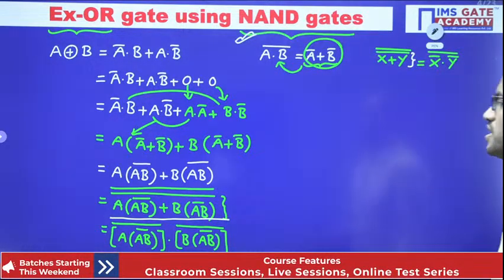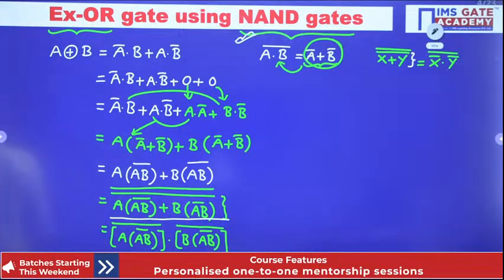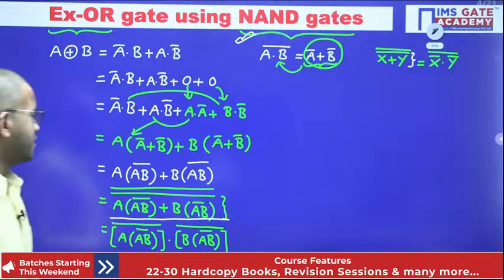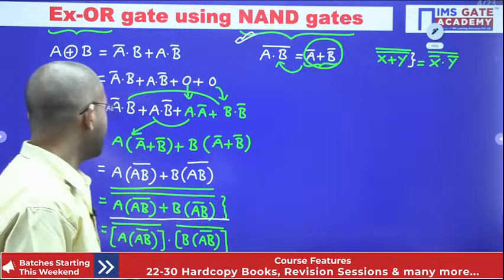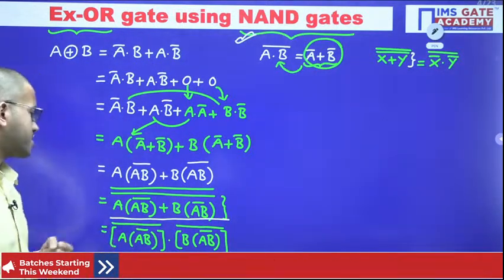It is very simple. Just look at the expression and tell me how many 2 input NAND gates we require. Yes, in general, most of the students will say 5. Okay, but whether we really require 5 or not, let us see.